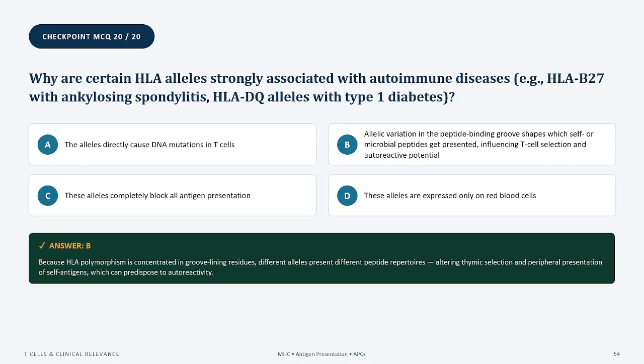So yes, because HLA polymorphism is concentrated in the groove lining residues, different alleles present different peptide repertoires, altering thymic selection and peripheral presentation of self antigens, which can predispose to autoreactivity.